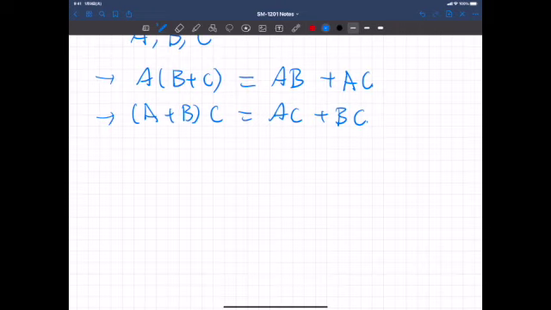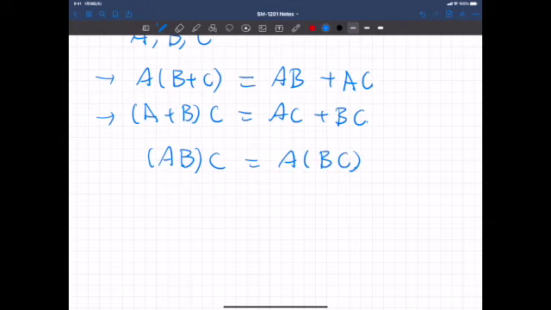So these two laws are distributive laws, and the third one is the associativity of matrix multiplication. Okay, and of course it should be obvious that matrix addition is also associative. So multiplication is associative, and matrix addition is also associative.